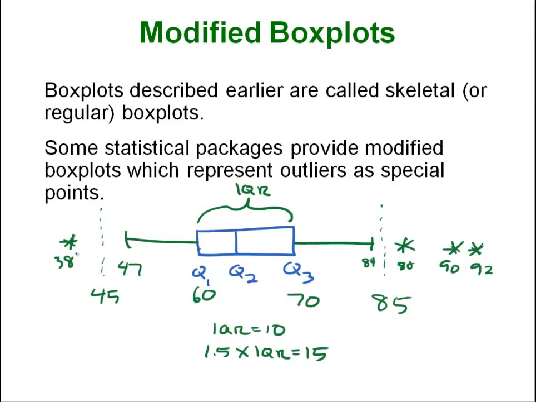If you had 85 in your data, if 85 was actually a data value, then this whisker would actually stop right there at 85. So the tie goes to the runner. If you have a number that lands right on one of these borders, it's okay. It has to be actually farther out. It has to be either bigger or smaller.